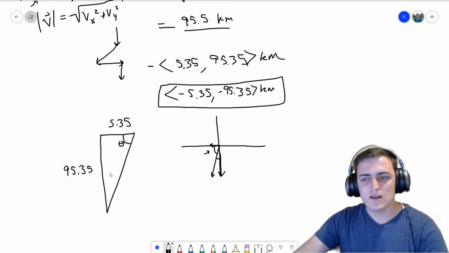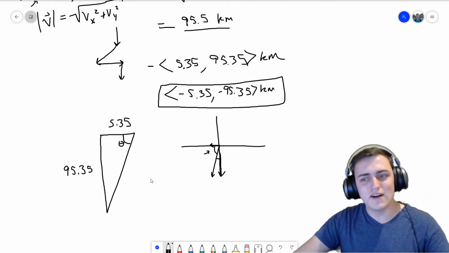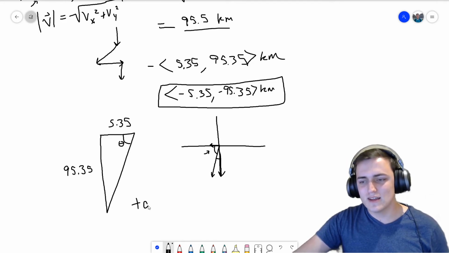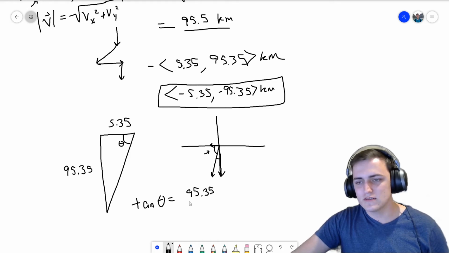Well, remember from SOHCAHTOA, tangent works with opposite and adjacent, two values we have. So we can say that tangent of theta, which we don't know, so we're going to leave it as theta, is opposite 95.35 over adjacent 5.35.